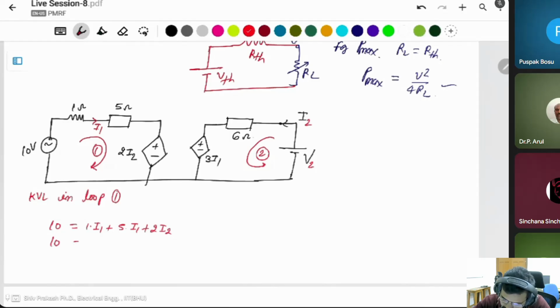That means 10 is equal to 6 I1 plus 2 I2.